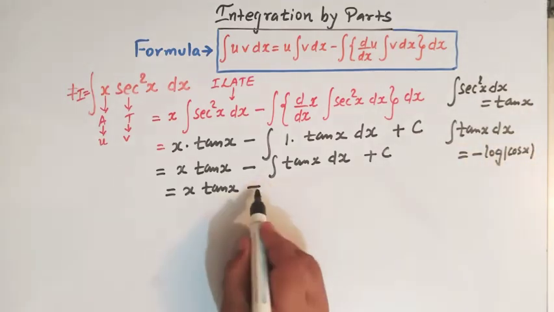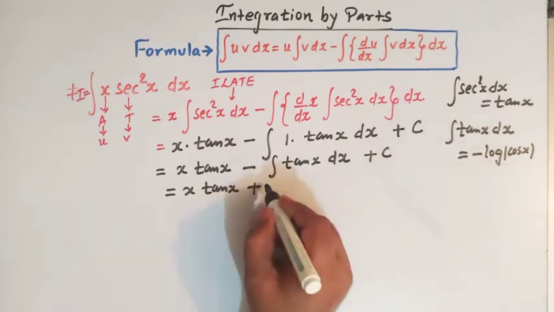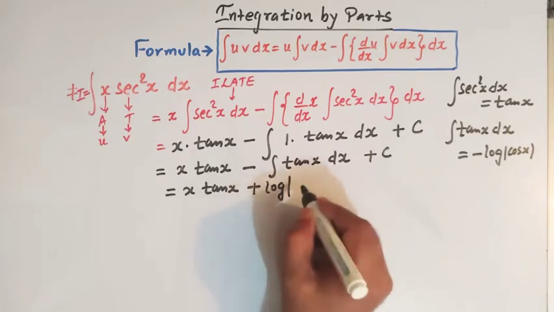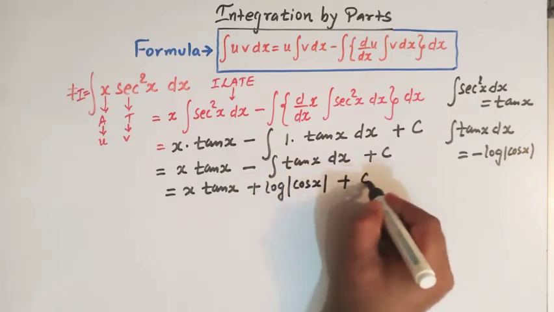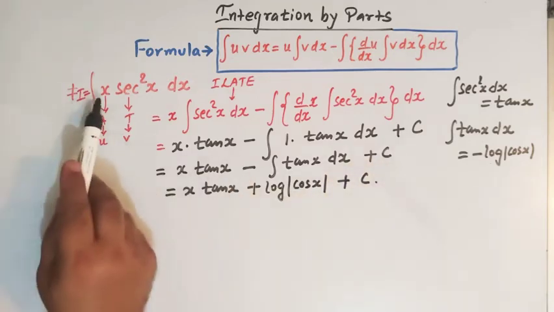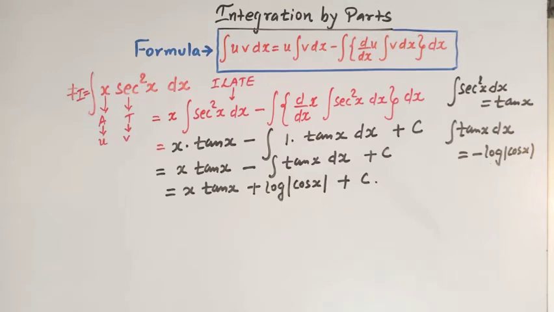So here if we substitute this value, then this sign becomes plus, and we have log of cos x plus c. So this is the integral of x sec square x.